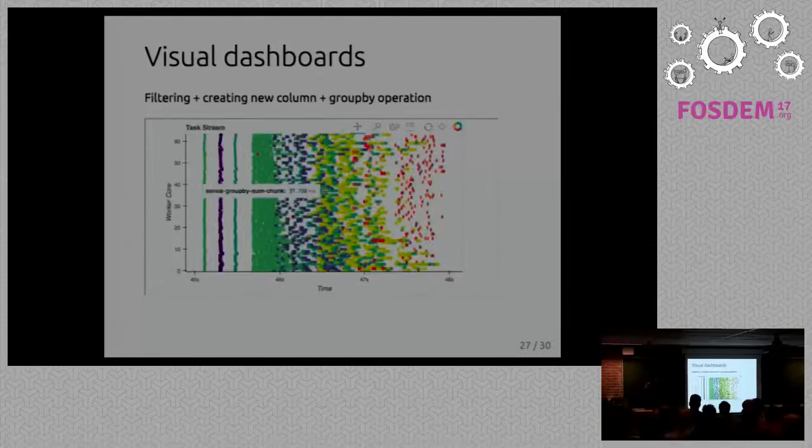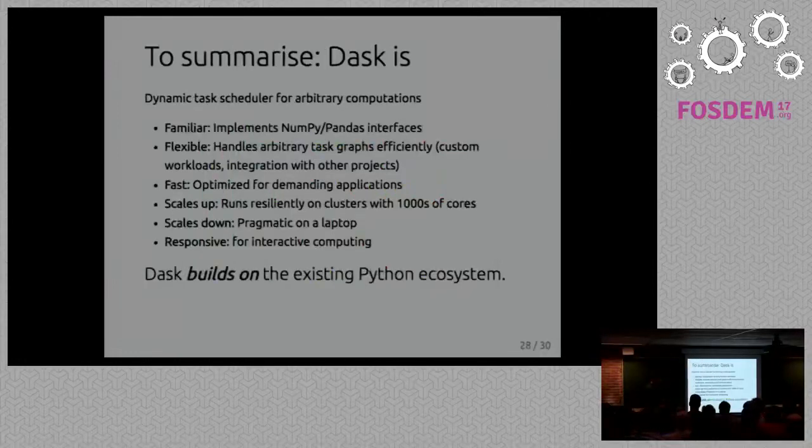Those are also interactive graphs, so you can see what exactly is happening at certain points in time. The red ones are the data communication. If you see a lot of red, it's also a sign that something may be wrong. So to summarize, that is the Dask scheduler. It's very familiar. If you already know NumPy and pandas, you can very easily start using it. It's very flexible.